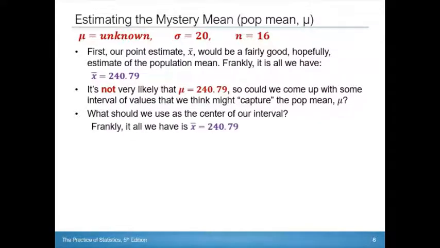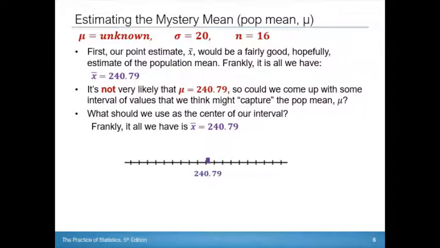And so what should we use as the center of that interval? Well, it makes sense that we would use the 240.79 because frankly, that's all we have. So that's our best guess at this point. If we had to pick one value, it would be that. But we don't want one value because we're pretty sure that that one value is probably not the true mean. So we want to come up with some sort of interval.